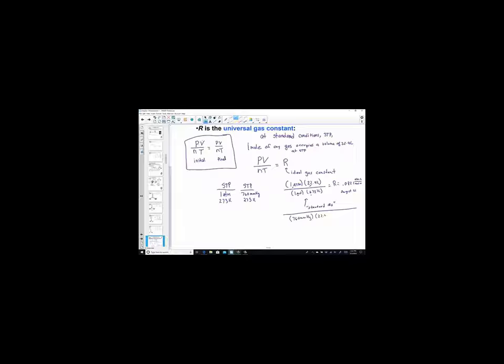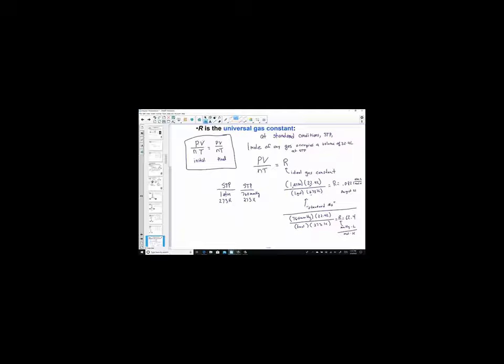And I will plug in all the standard numbers again and solve for R. If I used 760 instead, so 760 times 22.4 divided by 273. And this is a number on my screen, I'll just round a little bit, 62.4. And that comes out as millimeter mercury liter over mole Kelvin, the unit on the R constant.